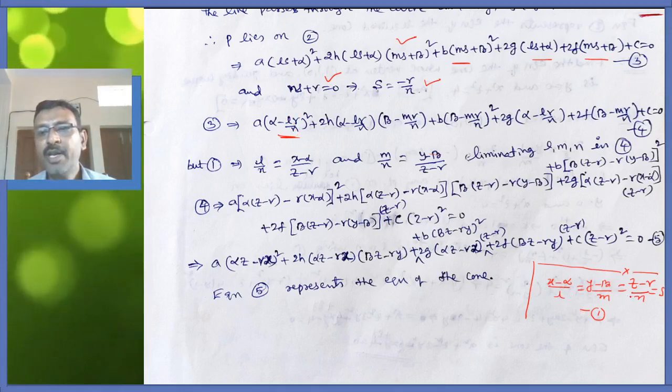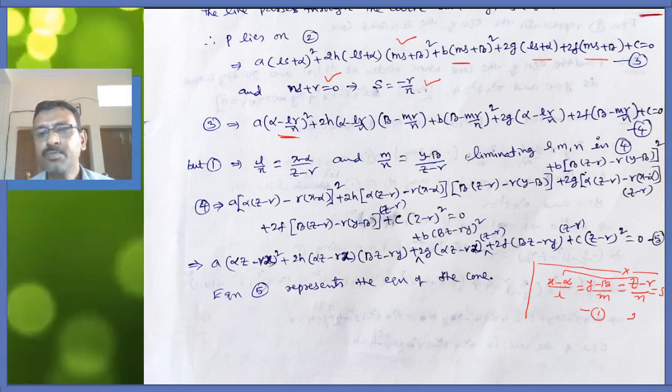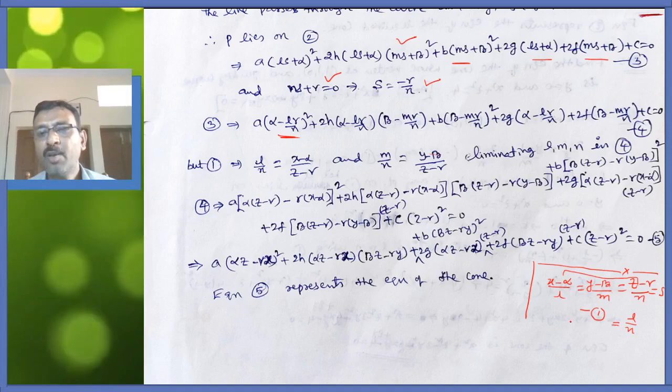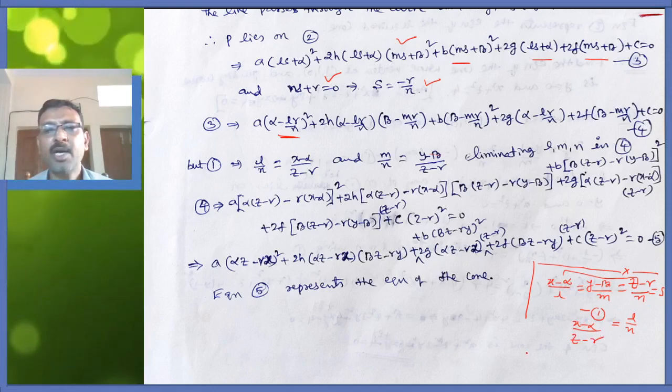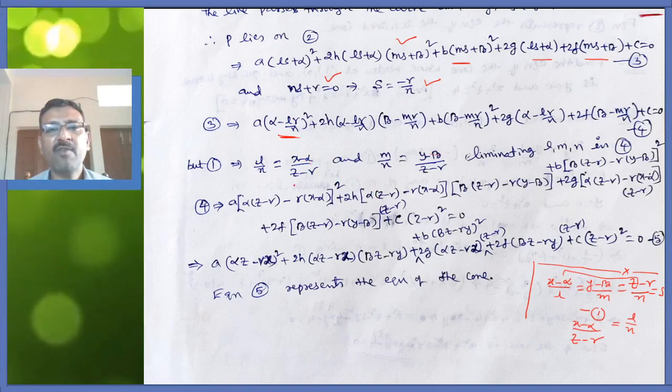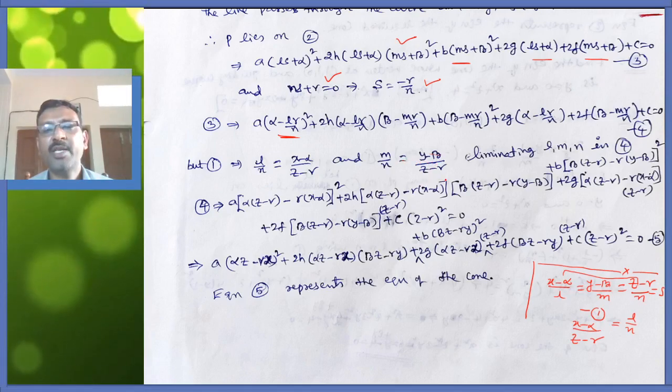From these two equations, L by n is equal to x minus alpha by z minus gamma. So, here L by n is replaced by x minus alpha by z minus gamma. Similarly, m by n is equal to y minus beta by z minus gamma.